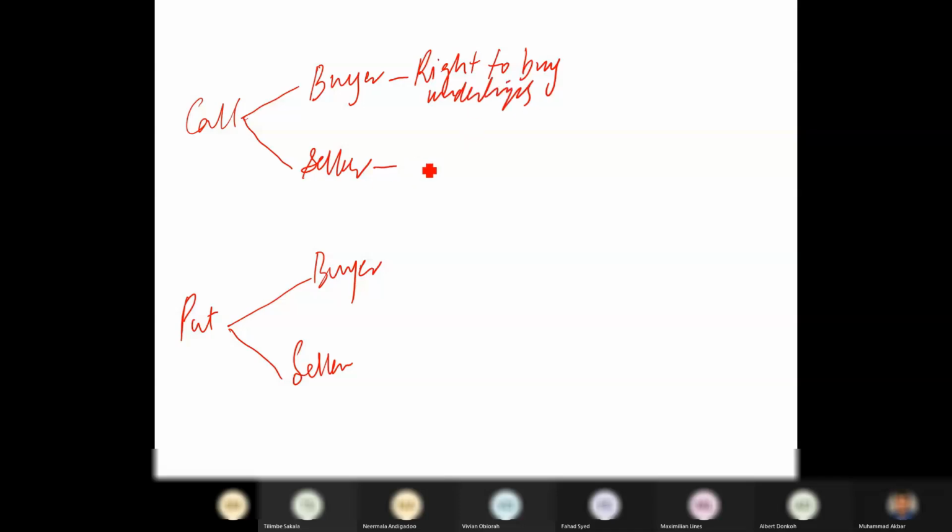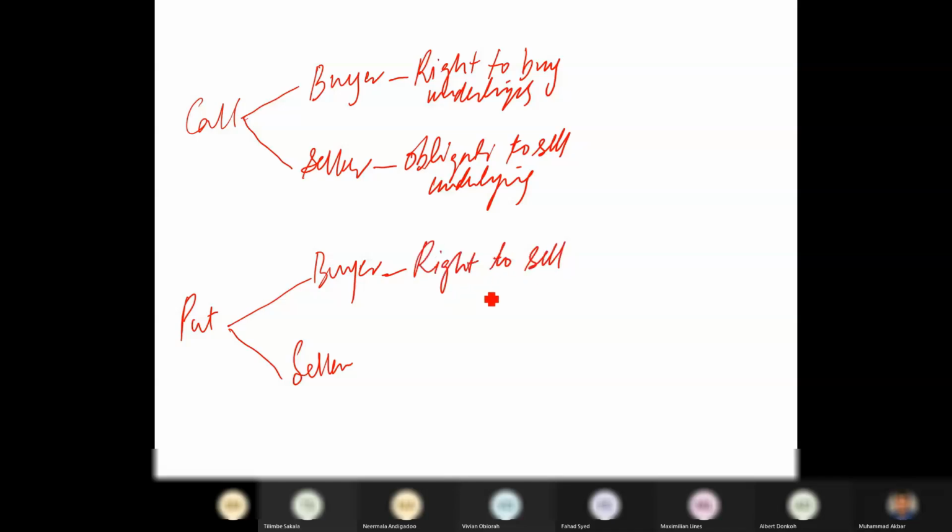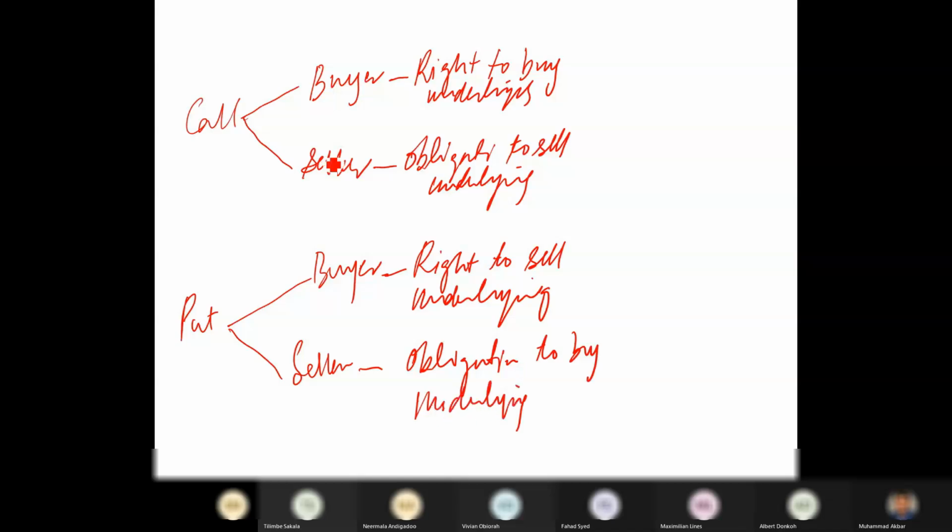The seller will have the obligation to sell the underlying. In the put, the buyer will have the right to sell the underlying, and the seller will have the obligation to buy the underlying. Now, the seller is also called the writer of the call or the writer of the put.